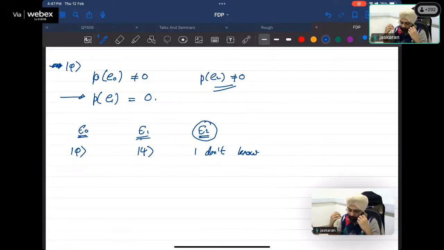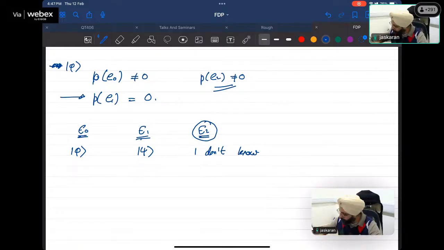Because if my probability of perfectly distinguishing between psi and phi is high, then I am doing my task in a very nice manner. However, if my probability of distinguishing between them is low, then I am not able to do that all the time.